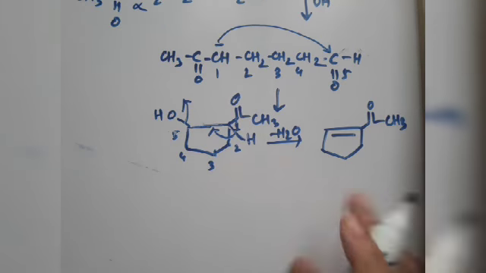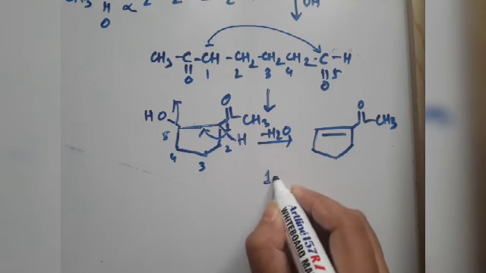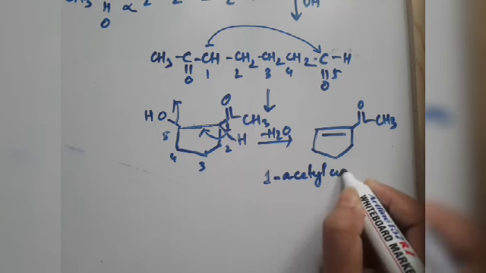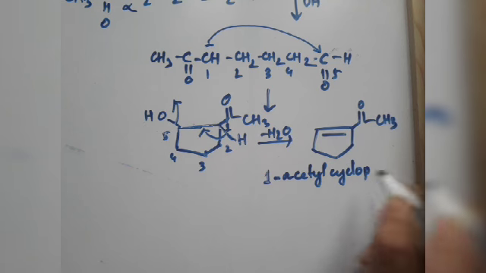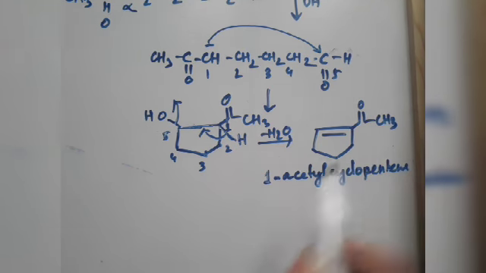Clear? So what is the name of this one? 1-acetylcyclopentene, because the double bond is over here. So this is the name of this compound.